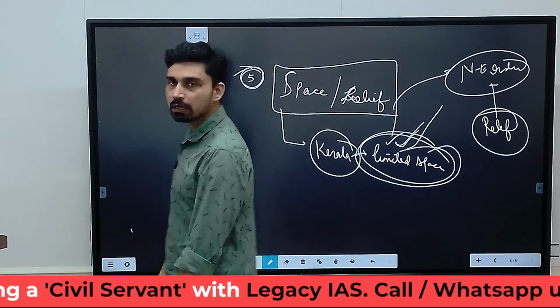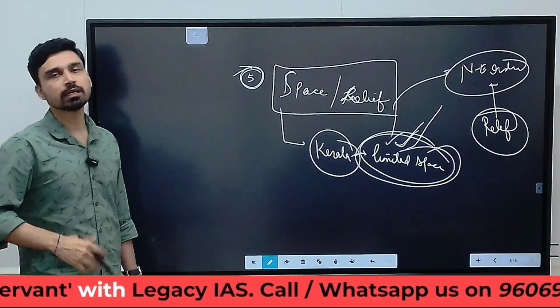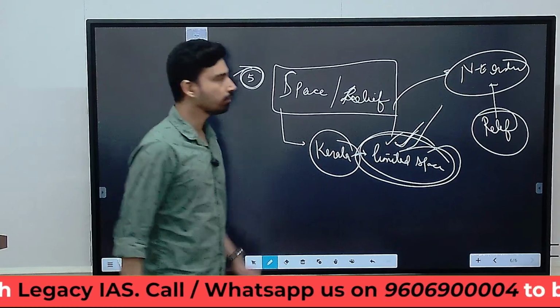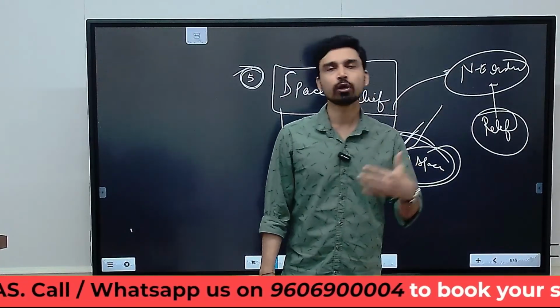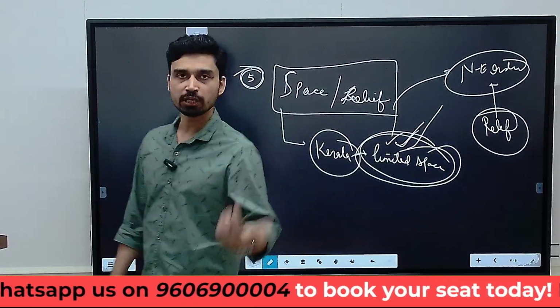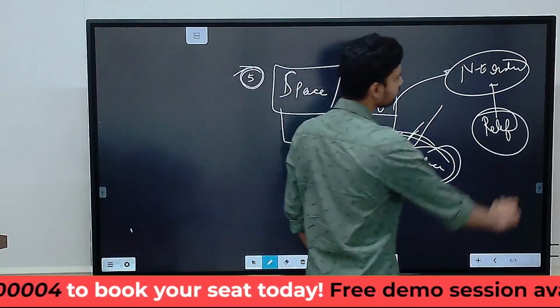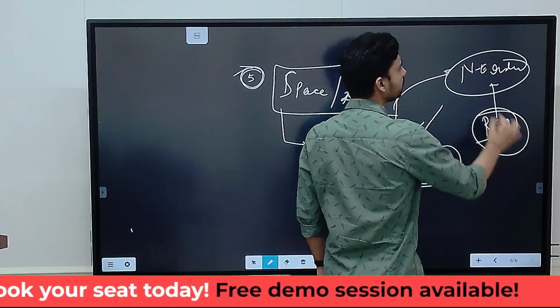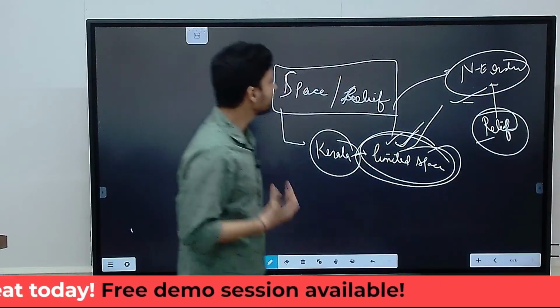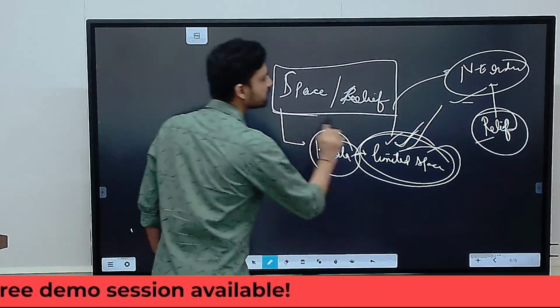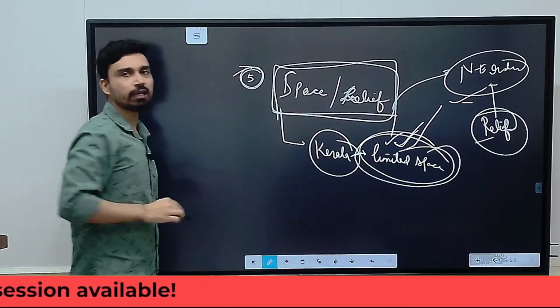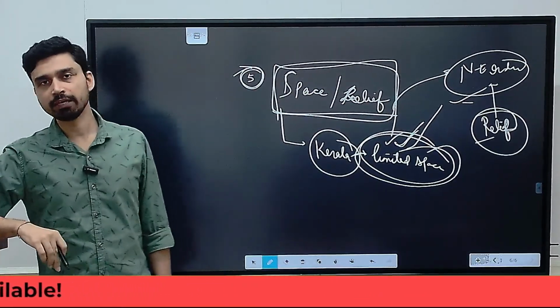So obviously, setting up any industries in such uneven relief, uneven landform, where you have a lot of natural hazards as well, such as earthquakes, landslides, and floods, becomes very difficult for industries to develop there. So these are the two examples where space or relief becomes a very important factor in setting up industries.